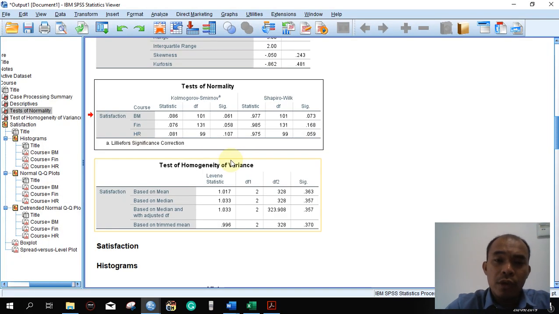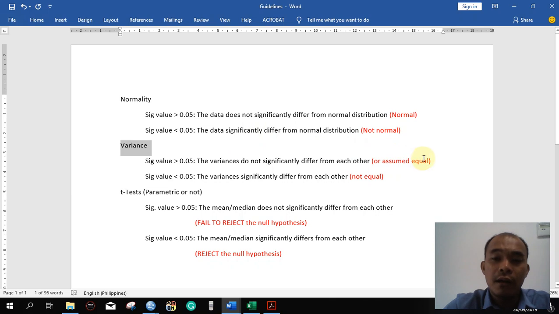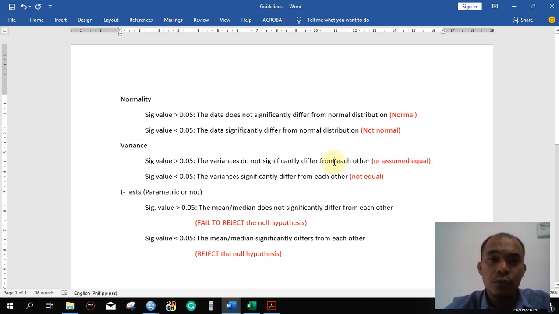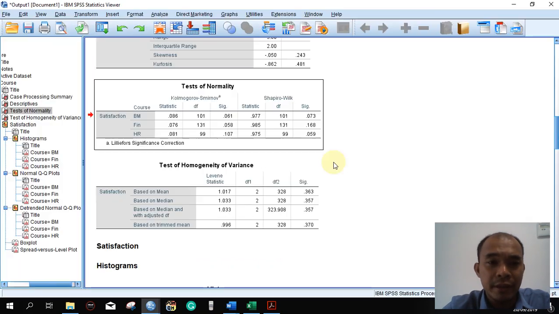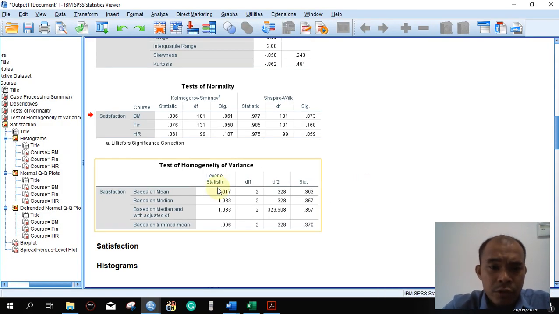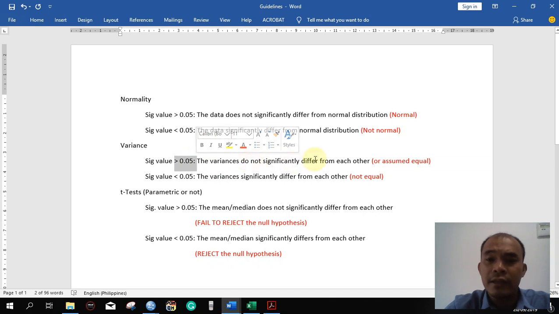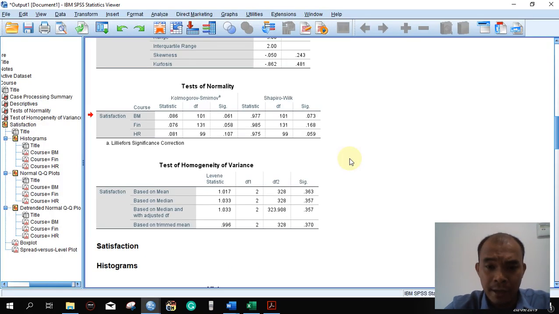We also have to satisfy the assumption for our variance. We should also assume equal variance in order for us to use the parametric test. So let's inspect the homogeneity of variance, based on mean, 3.363. If we look at our guide here, if the sig value is greater than 0.05, the variances do not significantly differ from each other, or equal variances are assumed.